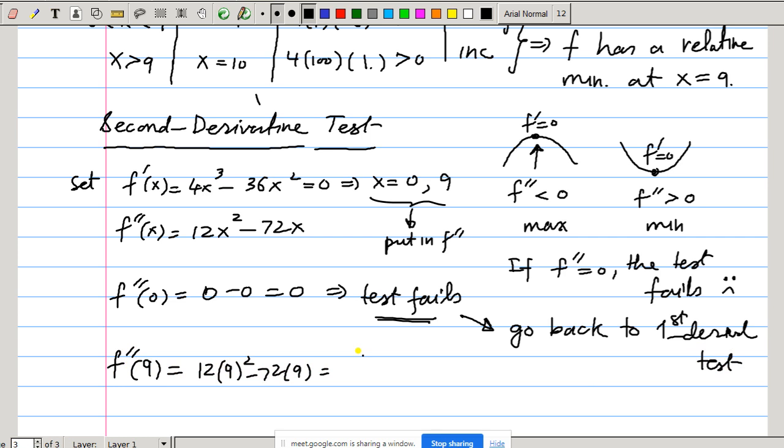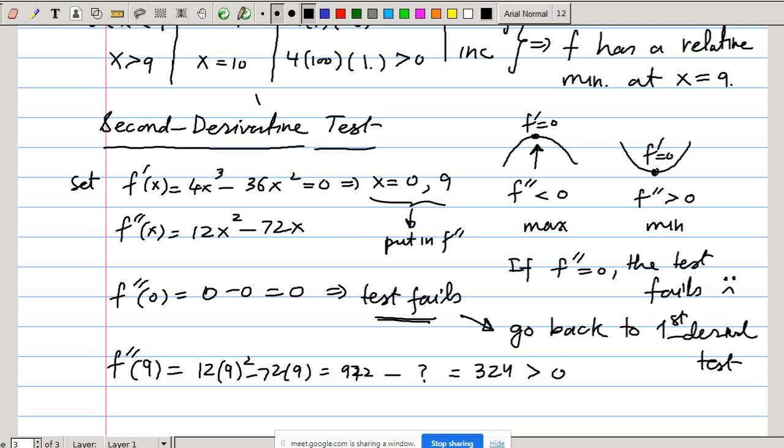So 12 into 9 squared is 972, minus 648, the final answer is 324, which is positive.